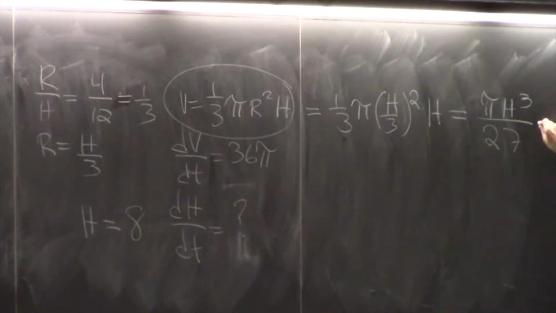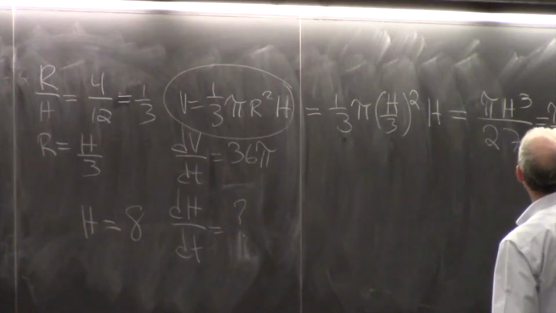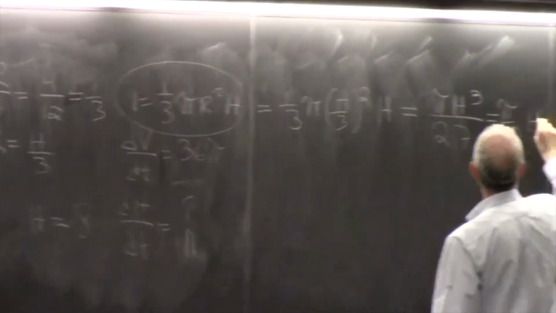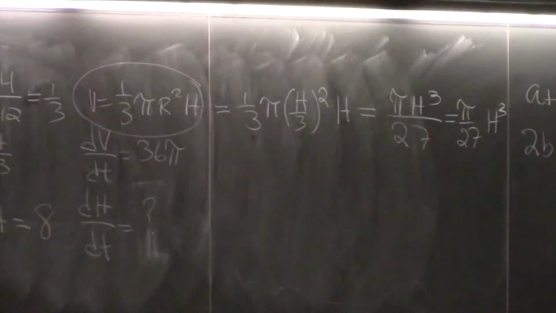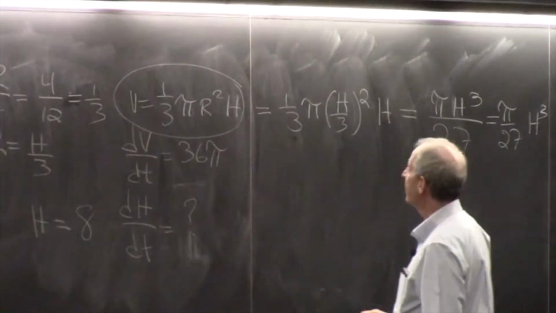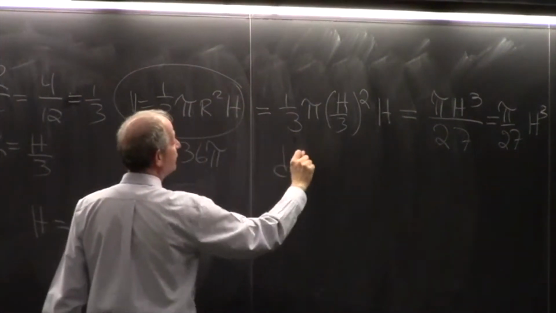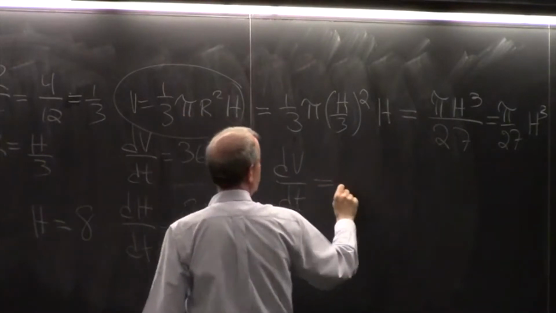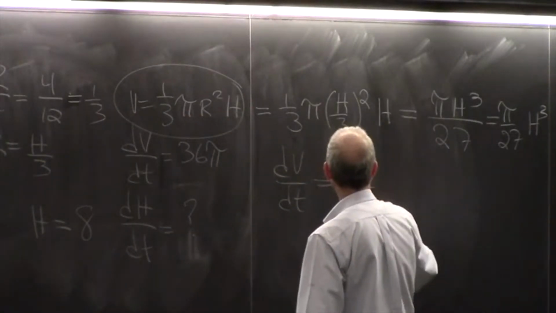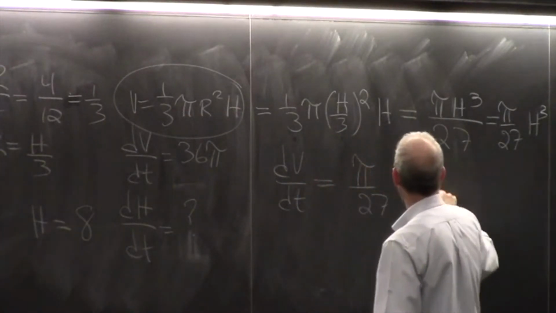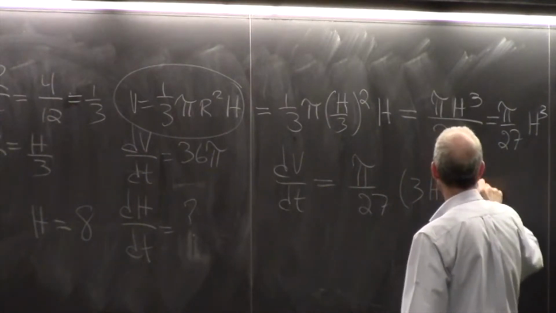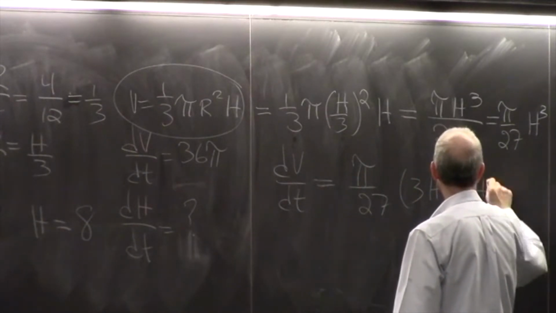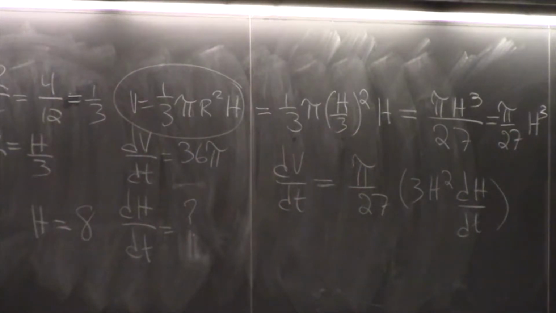Now, that is the same as pi over 27 h cubed for all of you quotient fans out there. Let's take the derivative. dV/dt is pi over 27 times 3h squared dh/dt. Notice, no quotient rule. Now you just plug in.